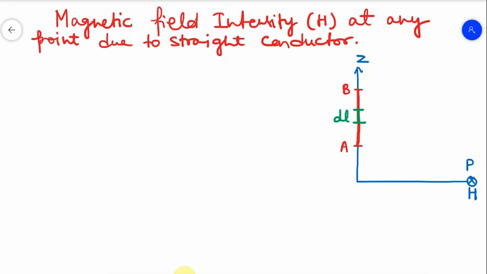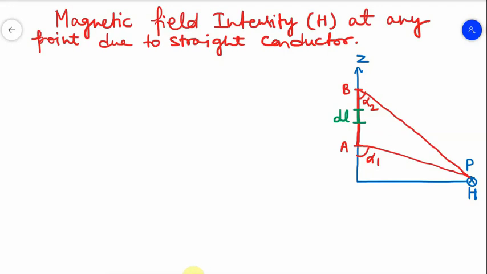So let us assume that this lower end and the upper end both make angles alpha 1 and alpha 2 respectively with the z-axis, the line joining the point to the lower and upper ends of the straight conductor.